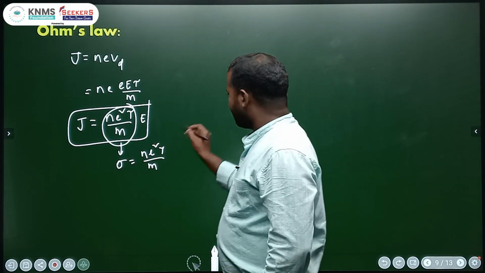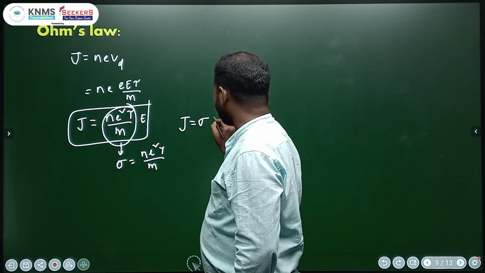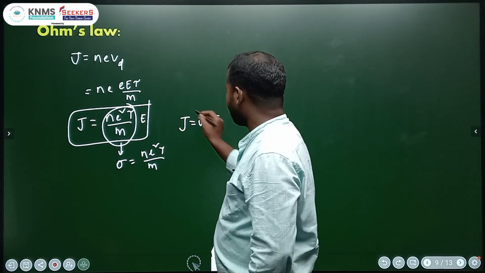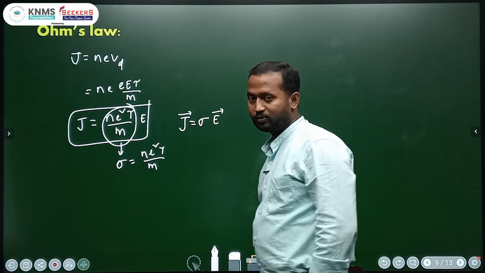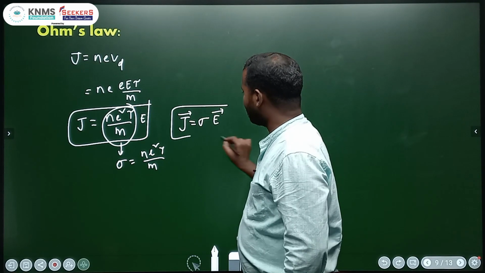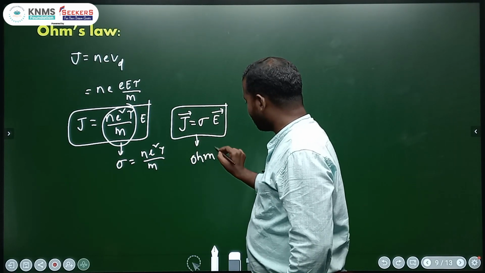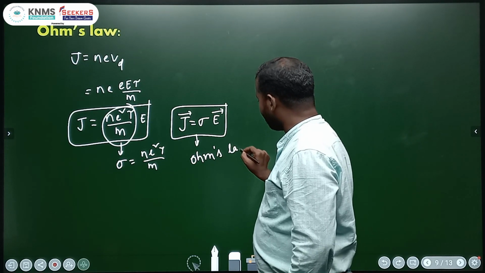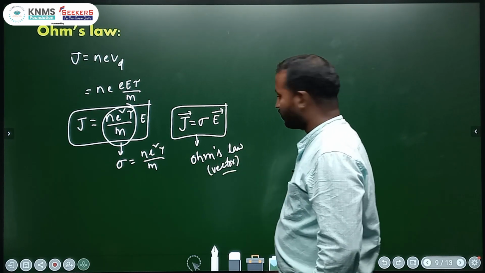Now J is equal to sigma E. What is this J? Current density, equal to sigma into electric field. This is called Ohm's law, the vector form of Ohm's law.